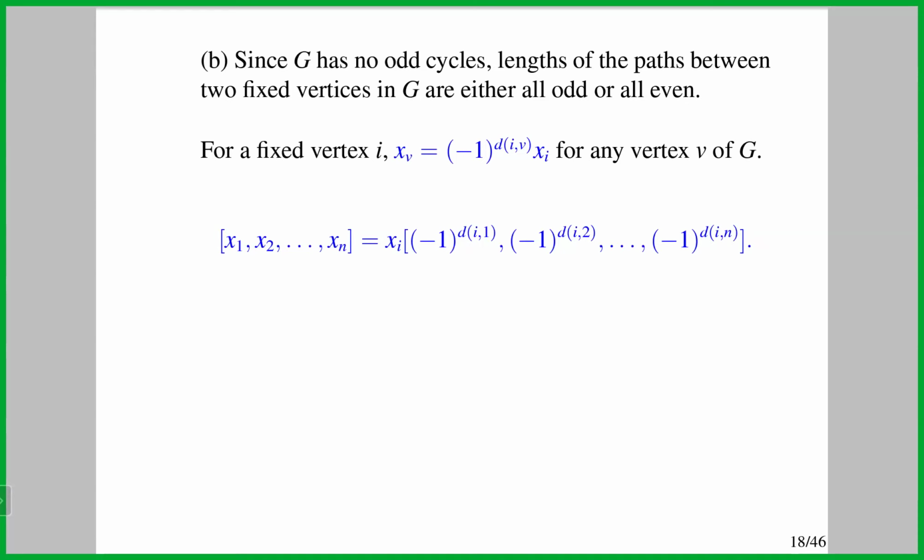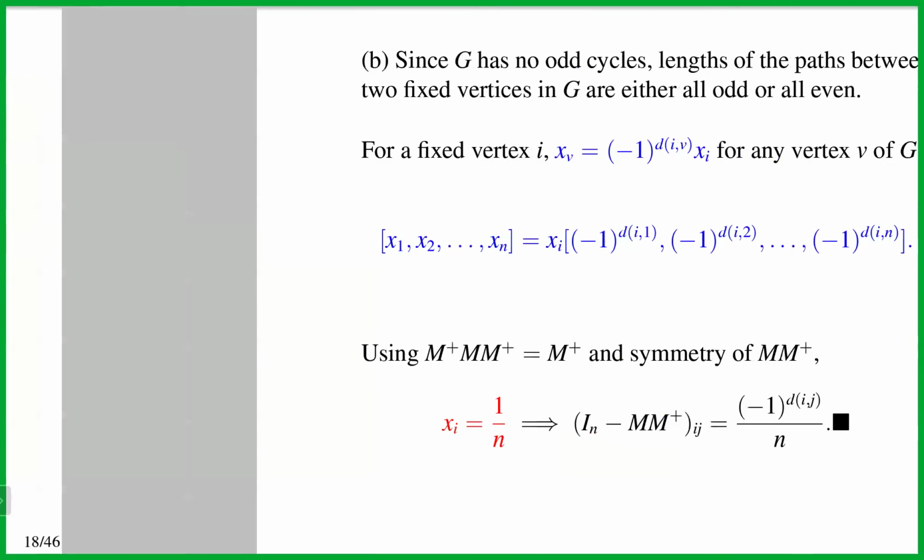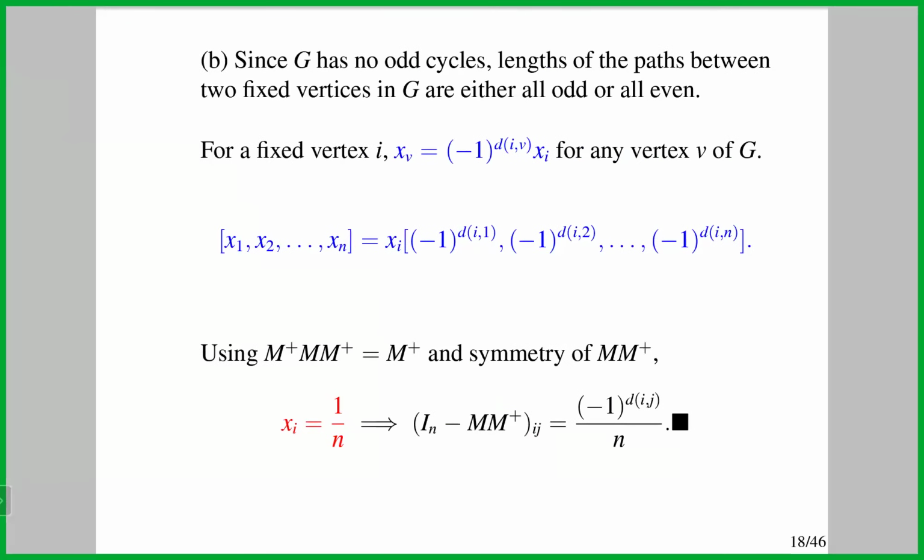Now we have to figure out what that xi is. If you use the other equation of this Moore-Penrose inverse, M plus M M plus is M plus, and if you use the symmetry of M plus, you can show that xi is going to be 1 over n. So we prove that the ijth entry of identity minus M plus is going to be (-1)^(distance between i and j) divided by n. So that completes the proof.